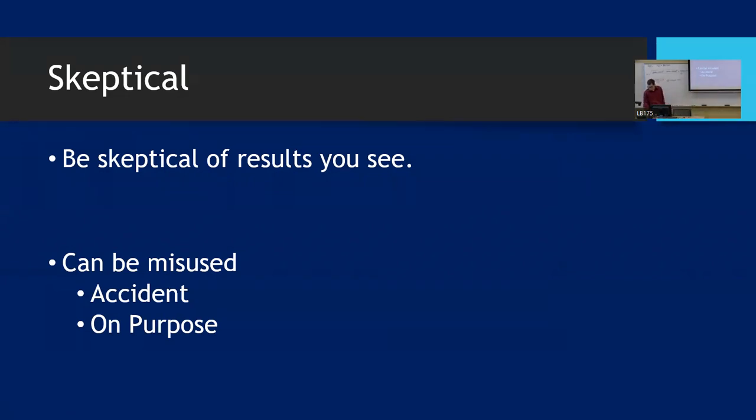Sometimes that misuse is done on accident, and sometimes that misuse is done on purpose. So we have to be a little bit skeptical of things that we see, or we have to be a little bit wary about results from studies, because sometimes studies can get it wrong.